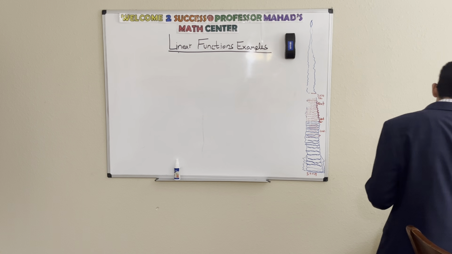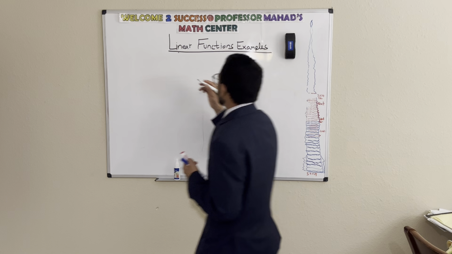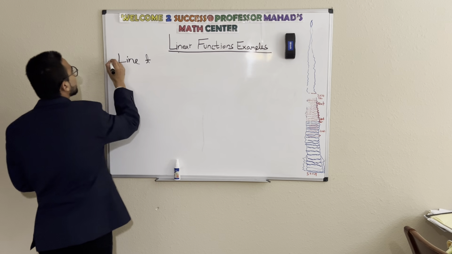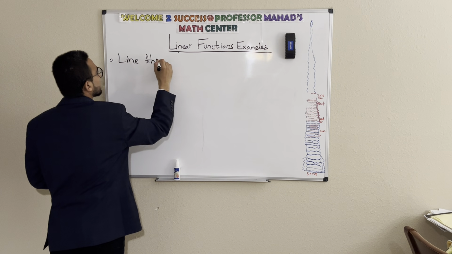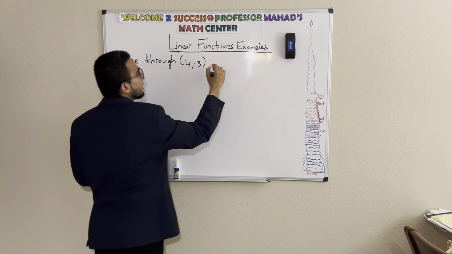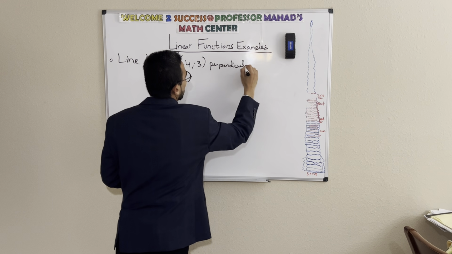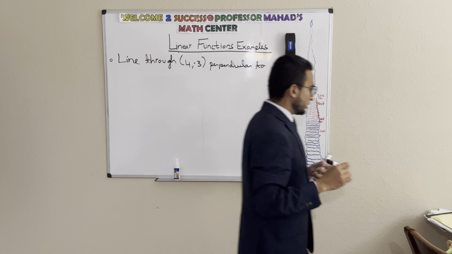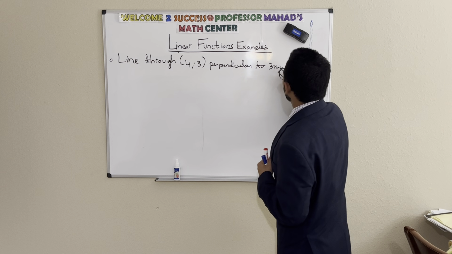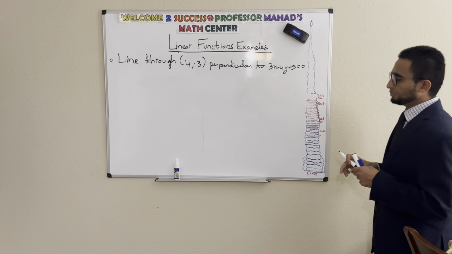So it says line through 4, -3, perpendicular to 3x minus 4y plus 5. This is what we have.